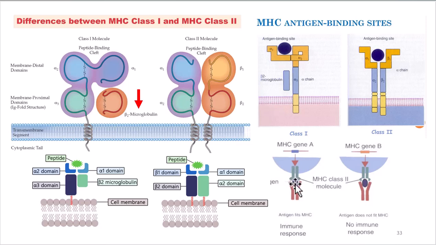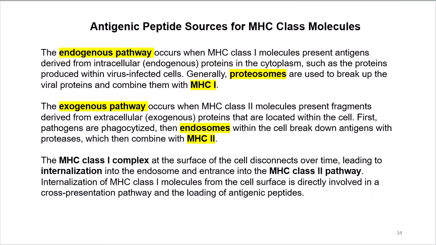You can just imagine if you have a drug bound to this peptide and it's hanging over and it's too bulky or it has the wrong charges, you're not going to get antibody formation. It's going to result in no immune response. So let me just bring up the importance of these MHC molecules. I showed that MHC1s only make cytotoxic T cells. MHC2s work with the helper T cells.